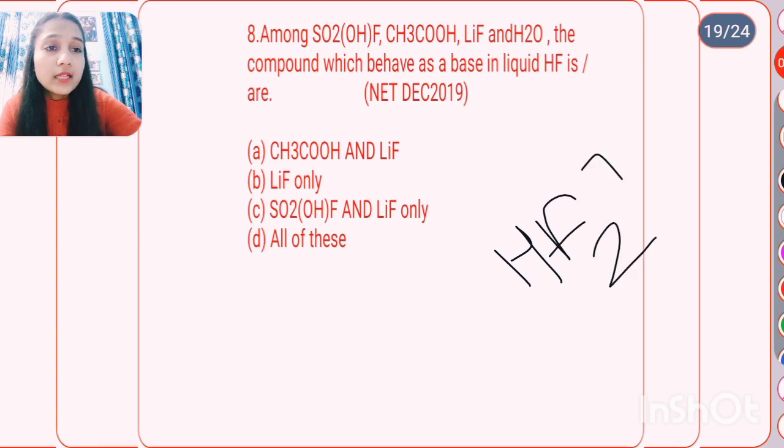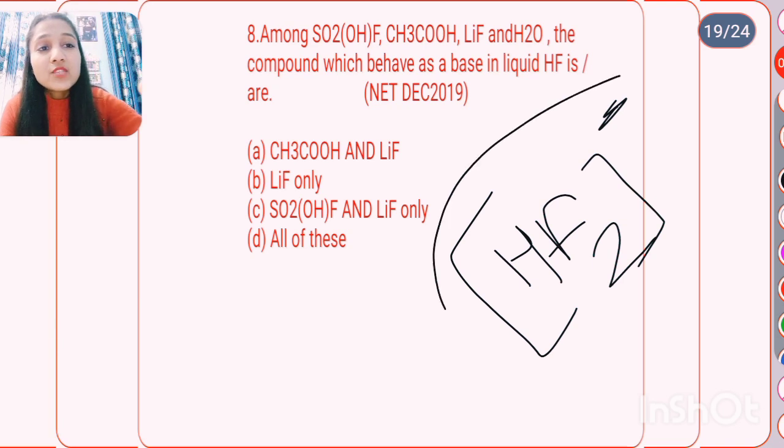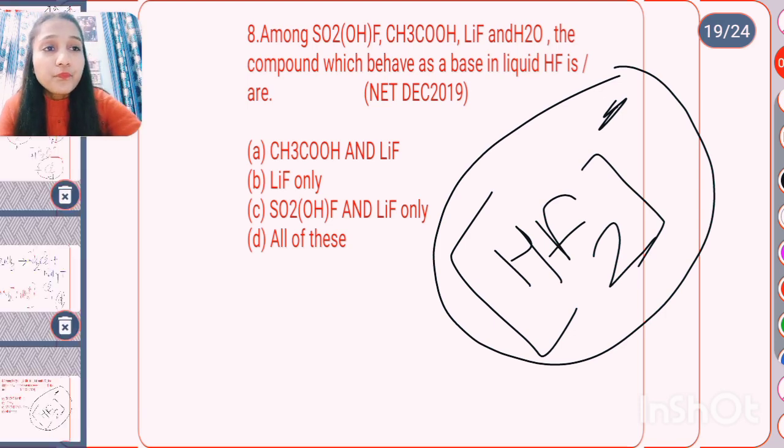HF2 negative. It only forms when the given compound behaves as base and HF behaves as acid, because HF2 negative has very strong H bonding. So generally we try to make HF2 negative, and so generally all the compounds will behave as base in HF.